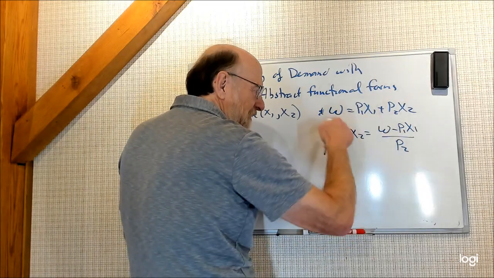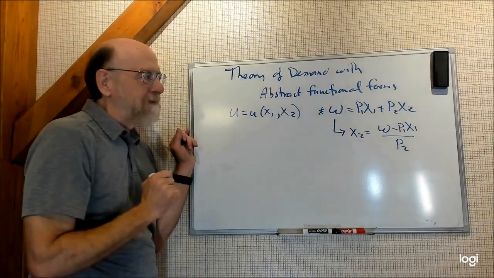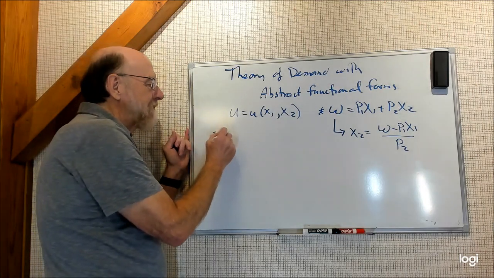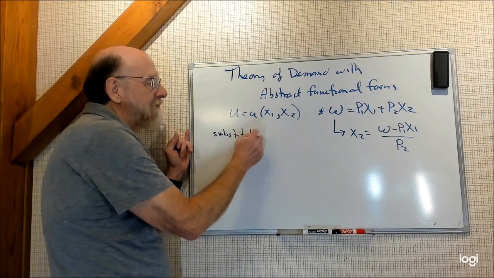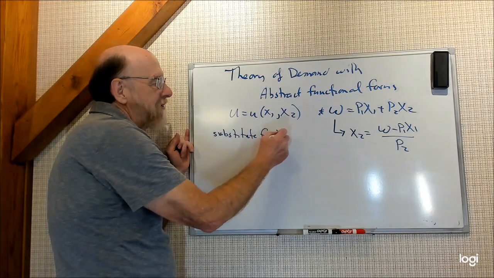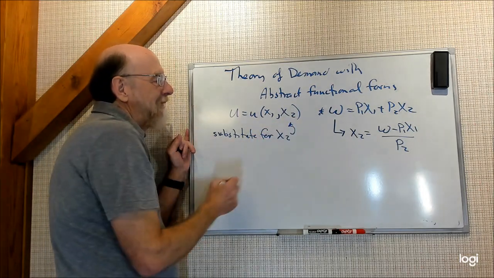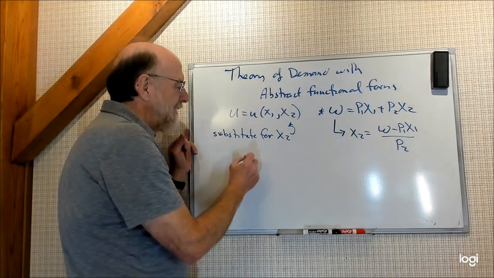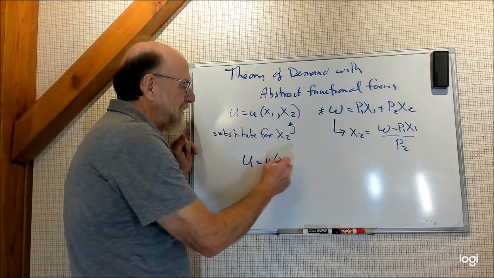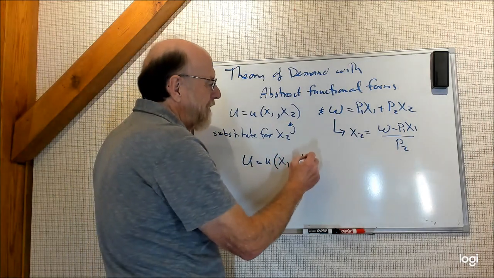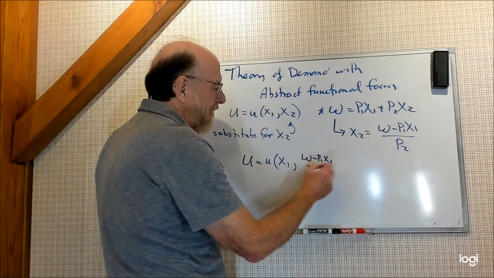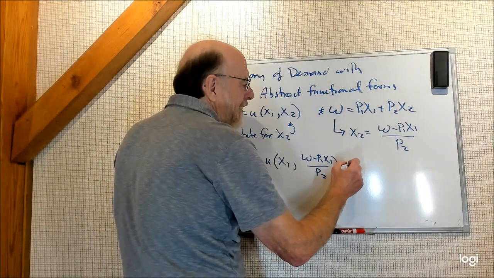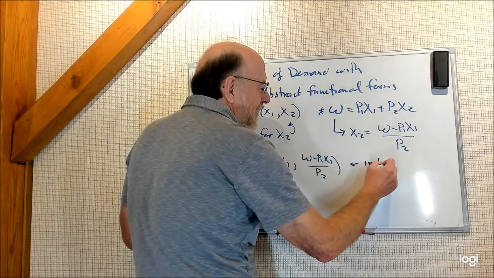So I'm just solving this equation for x2. And then I can substitute for x2 in that slot there in the utility function, and I get u equals u of x1 comma w minus p1 x1 over p2, which includes the constraint.